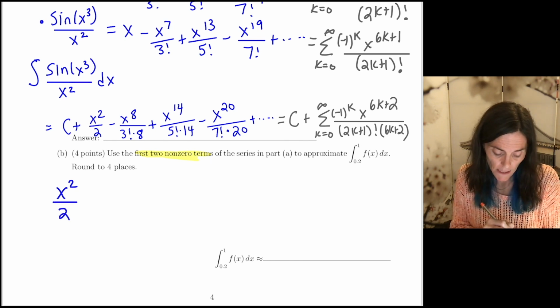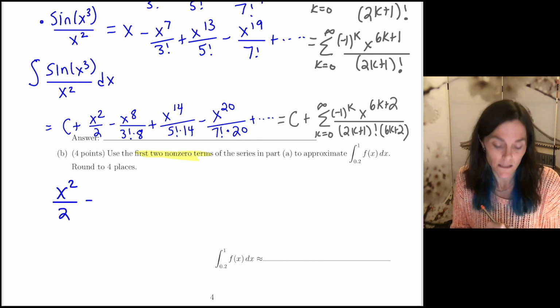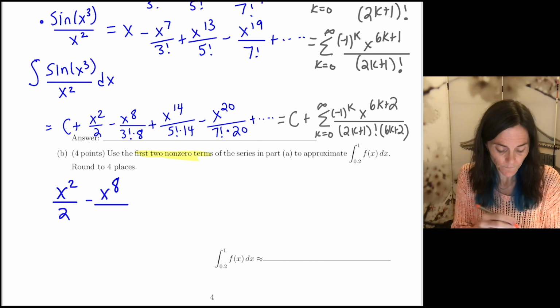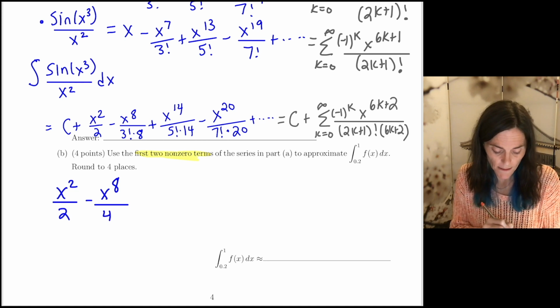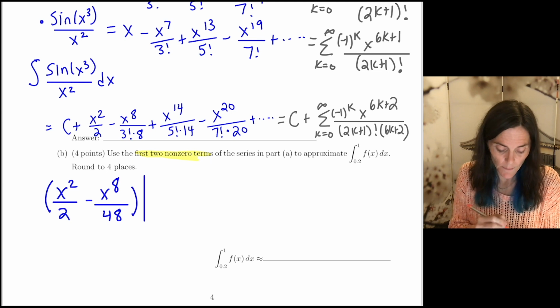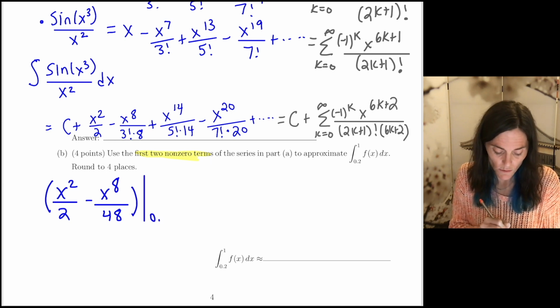And this, let's see, 3 factorial is 6. So this is x to the 8 over 48. And then we evaluate between 0.2 and 1. This is just 1/2 minus 1 over 48.